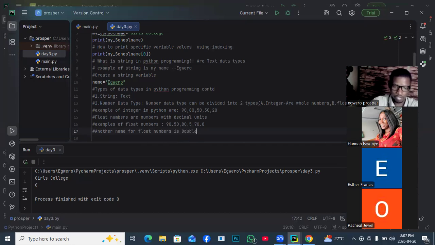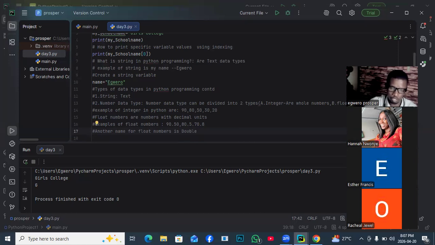Are we together? Another name for float number is what? Double. Let me get the response. Do you understand that? Another name for float is what? Yes, double, sir. Okay. Can somebody tell us why it is called double? For example, what makes 90.50 double?